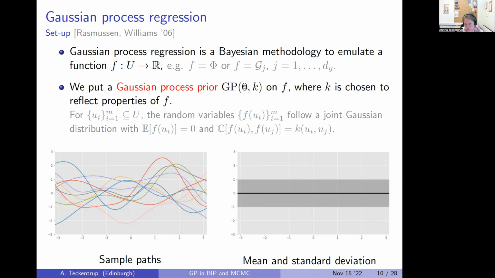So you'd have a mean function, and then the covariance between points is given by this covariance kernel k. But essentially, at every point ui, you now have a Gaussian random variable. And so if you look at sample paths of this distribution on f, you get functions that stay close to the mean, so they all stay close to 0, and then they fluctuate around the mean with a size that's proportional to the standard deviation that you've chosen.